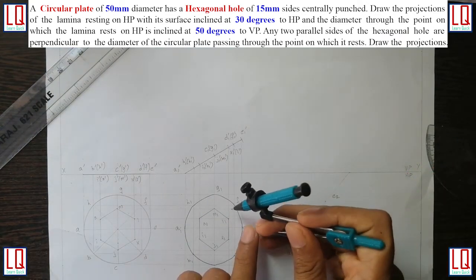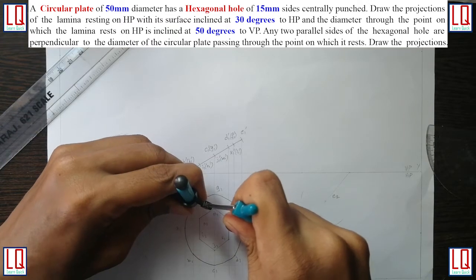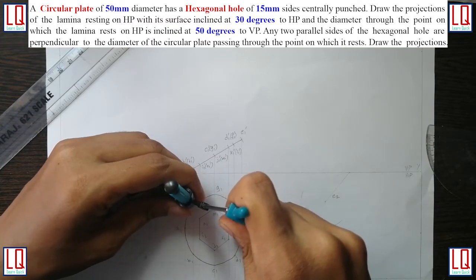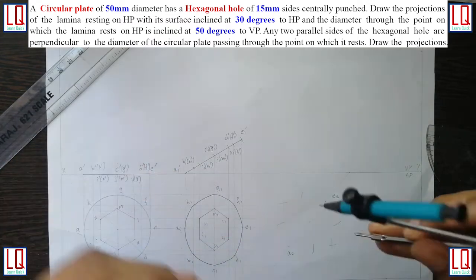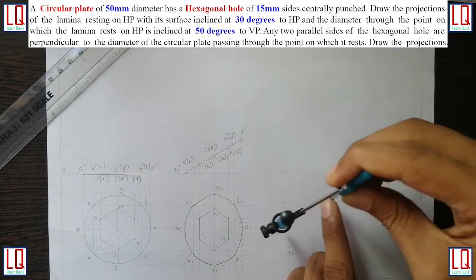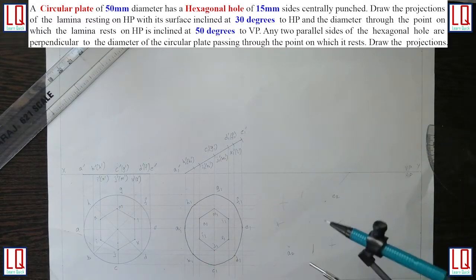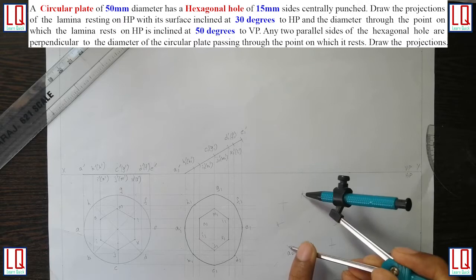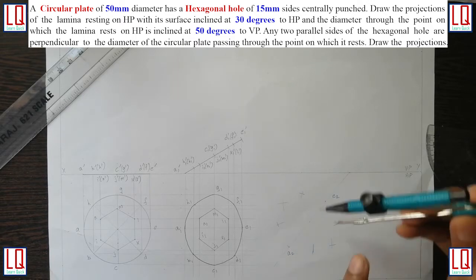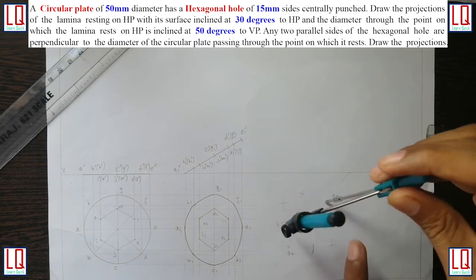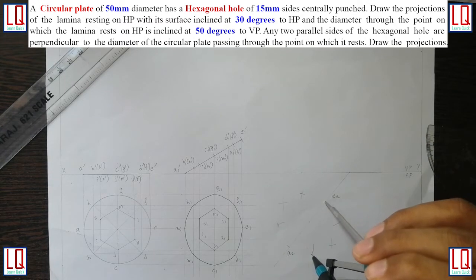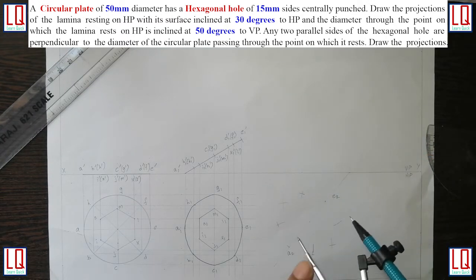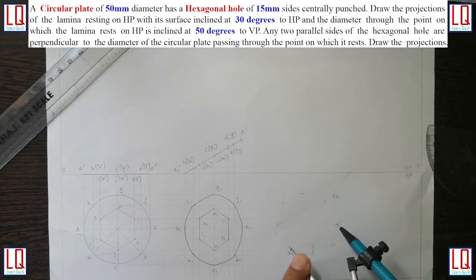Now I measure E1 to H1, and from E2 I find H2, from A2 I find F2, from E2 I find B2, and from A2 I find D2.